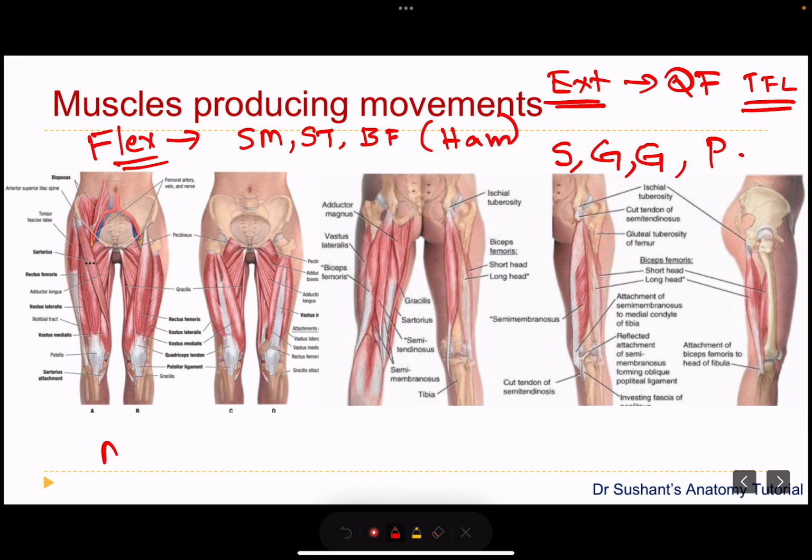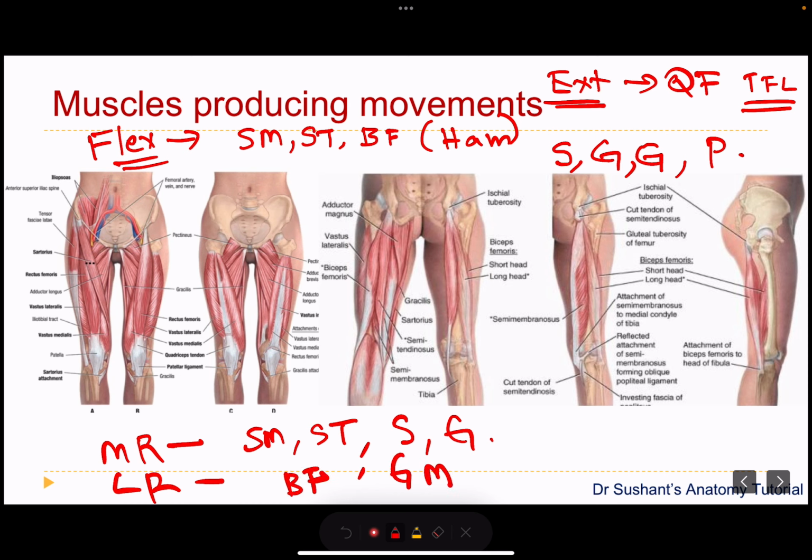Now, what about the medial rotation? The medial rotation is by the semimembranosus, semitendinosus, and we also have the sartorius and the gracilis muscles. Now, the lateral rotation of the knee joint is by the biceps femoris, assisted by the gluteus maximus and tensor fascia lata.